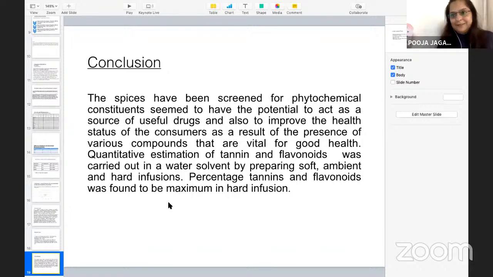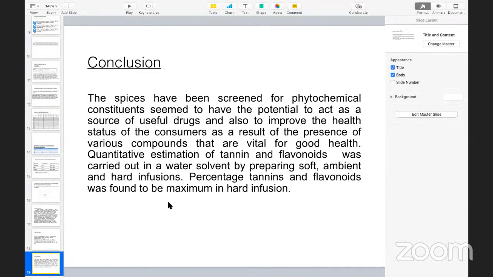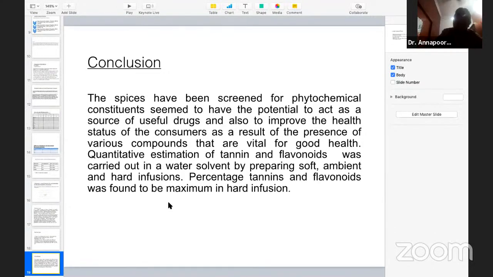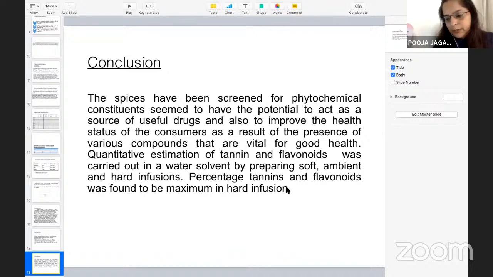Yeah, thank you all, and I hope I have not taken more time. Nice presentation. The only thing I have a query about is that you said microbial activity is not seen in water. Yes, we are confirming, ma'am, because we could not see any microbial zone. We tried different cultures. I have those results also, but it was shown in ethanol as a solvent.